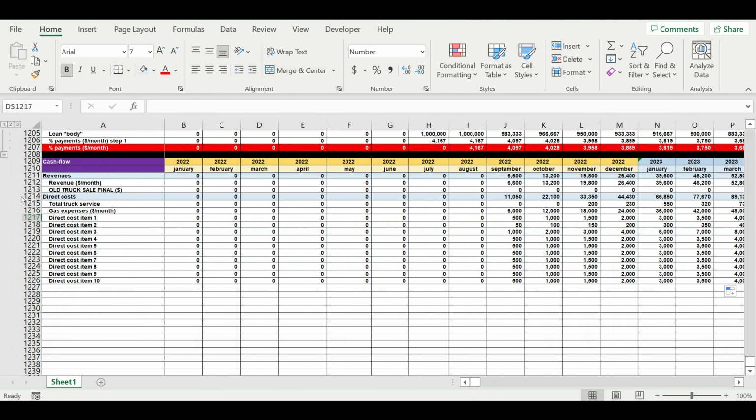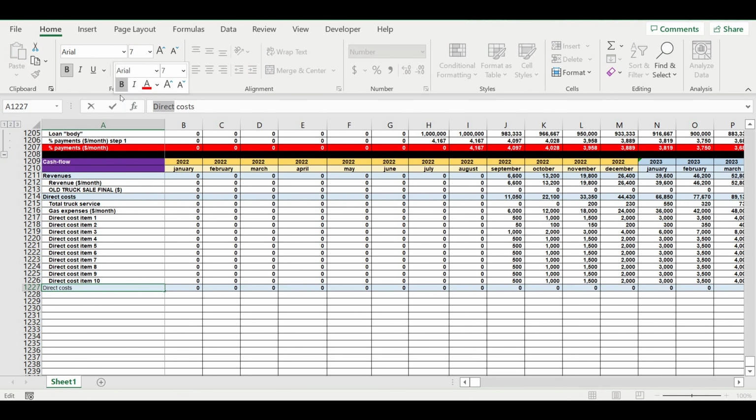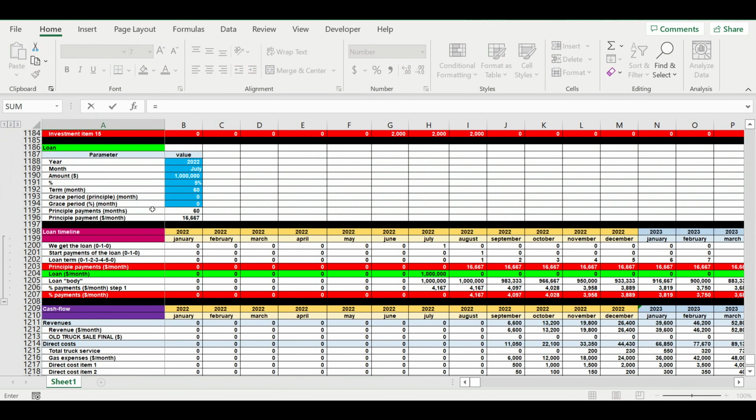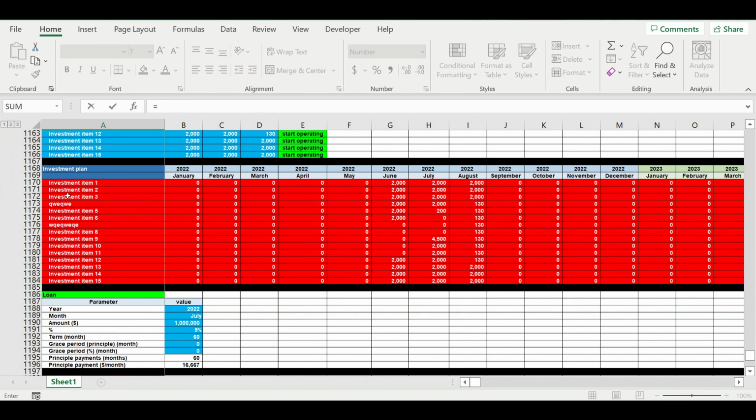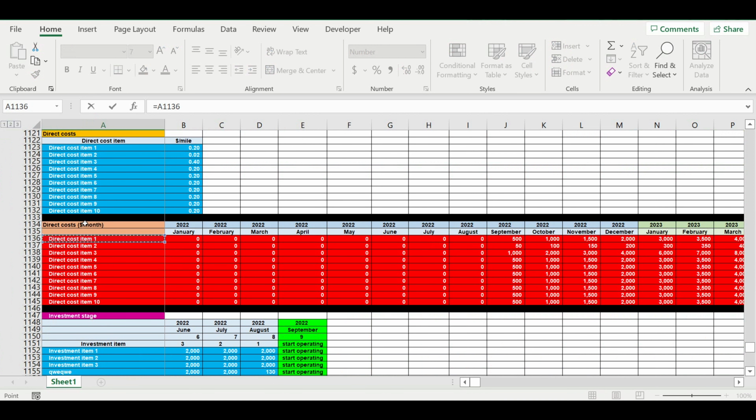Now we're moving to fixed costs. We put fixed costs from here, so we don't put any manual inputs inside the cash flow statement.